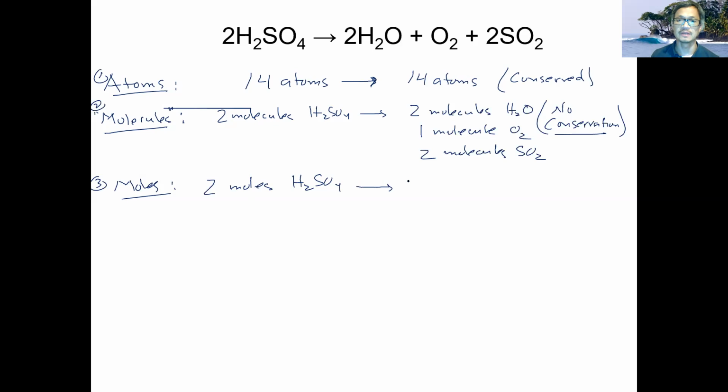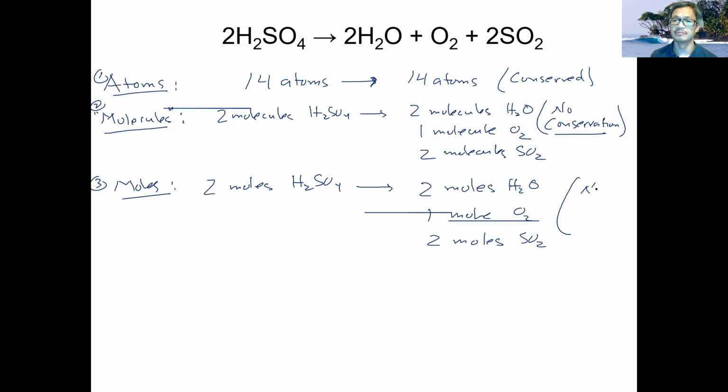Okay, so we can get those numbers directly from the balance equation, meaning then we will end up with 2 moles of water, 1 mole of oxygen, and 2 moles of sulfur dioxide. And again, if you notice here, the moles are not conserved, so there's no conservation here as well. Okay, so there's no conservation either at the molecular level or at the molar level here.